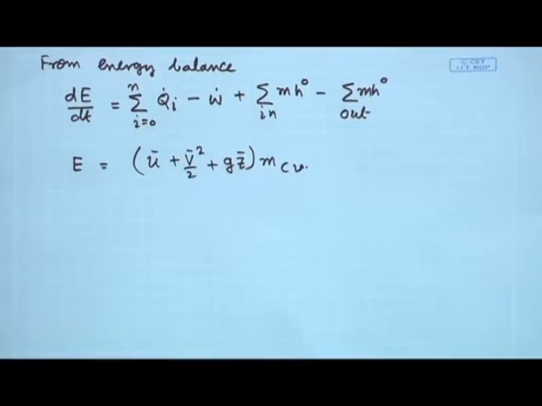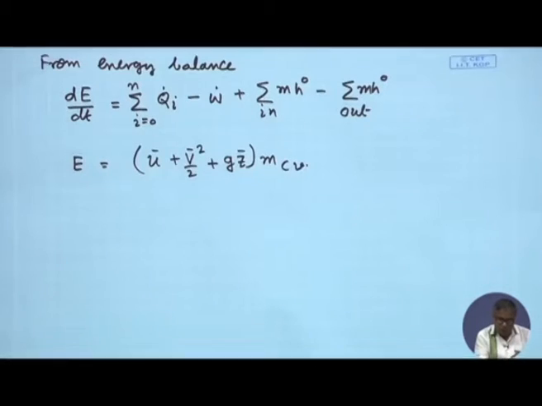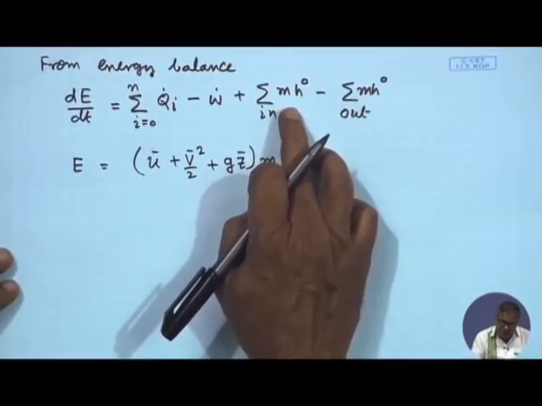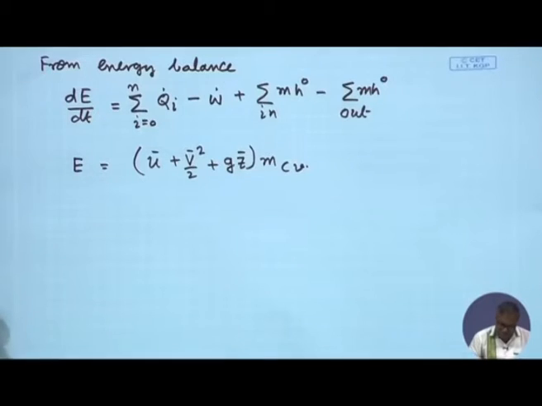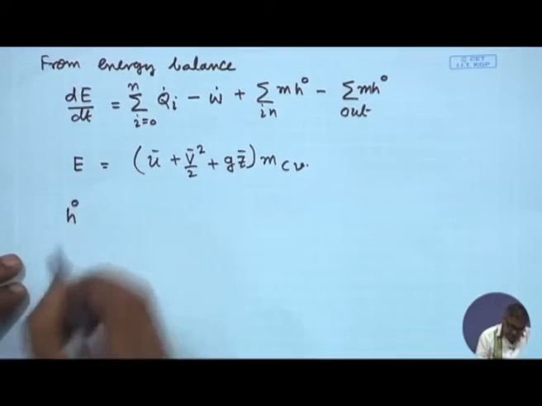There are a number of points where interaction with the surrounding is taking place as far as heat transfer is concerned. So, Q i. W, we have written, is the work transfer, and then this is the amount of energy which is entering the control volume, and I have introduced a new term given by H 0 dot.